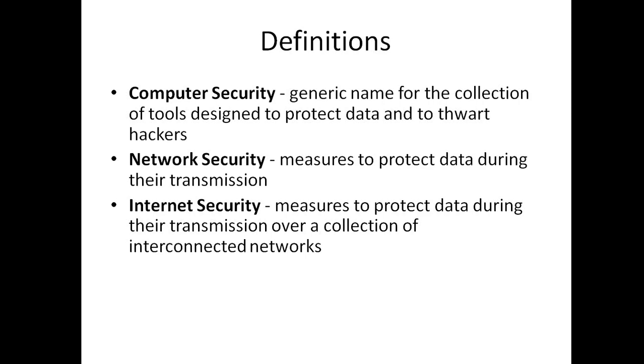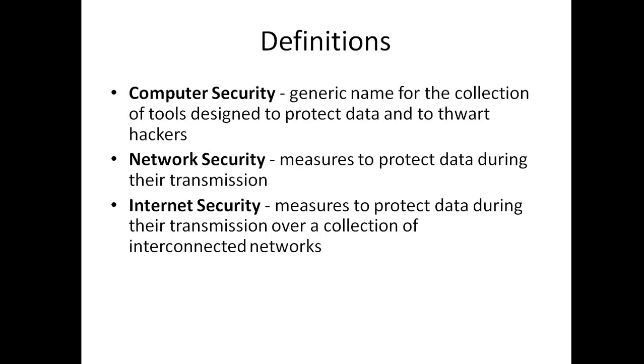How are we going to provide security for computers? Using some tools, we protect the data which is available in our computer, so we can call it computer security. The next one is network security. Using tools and techniques, we measure how far the data is secured during transmission, and we can assess that with the help of network security.